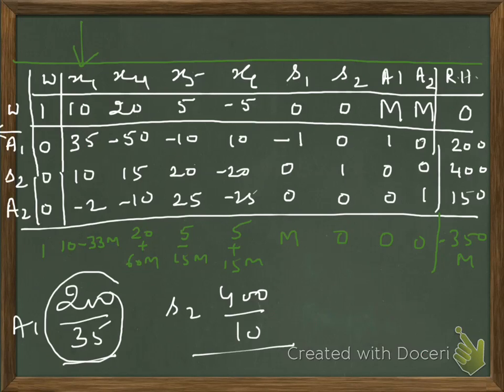You will do the iteration the same way as we did in the previous video, and we will keep on doing the optimality check. We get the optimum solution when in the objective function line there is no negative coefficient. By putting big M here, we have taken care that once A1 leaves the basis, it will never come back, because M is very high and this cannot become negative in future.